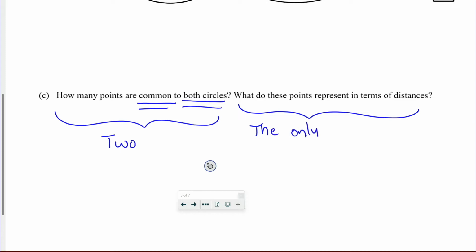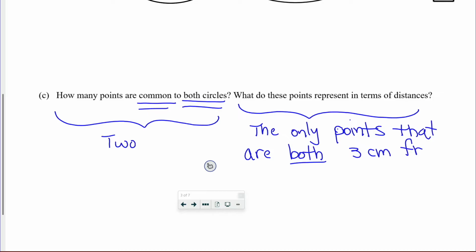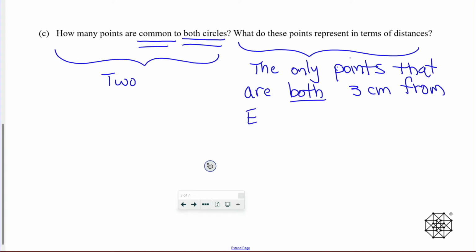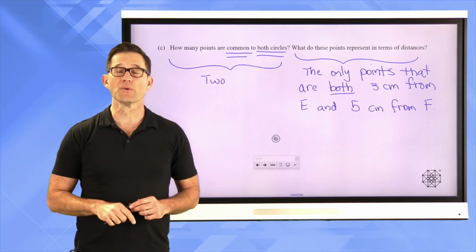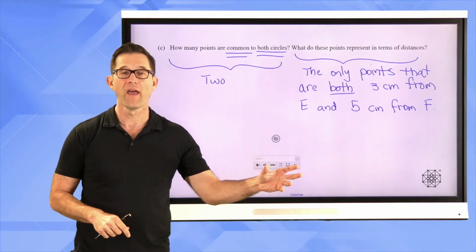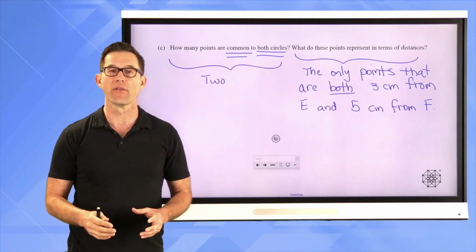So they are the only points that are both, and that's critical, 3 centimeters from E, and 5 centimeters from F. That's critical because we are going to be using compasses and circles to locate points in the plane, specifically points that we might know are a certain distance from one point and at the same time a certain distance from another point, okay?